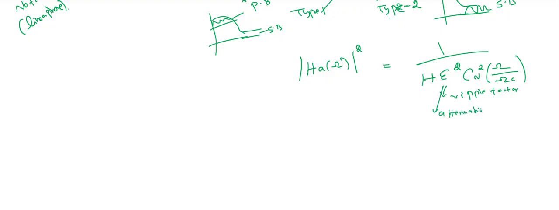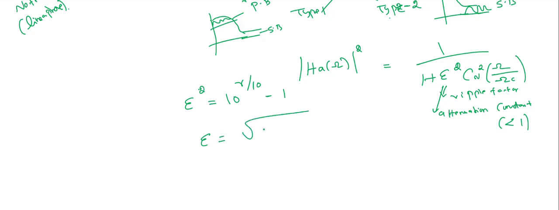It is normally real and less than 1. So epsilon squared is equal to 10 to the power of the ripple in the passband divided by 10, minus 1. So you can write epsilon is equal to square root of 10 to the power r by 10 minus 1.